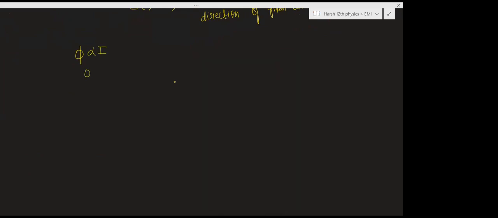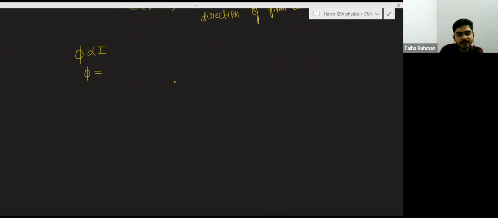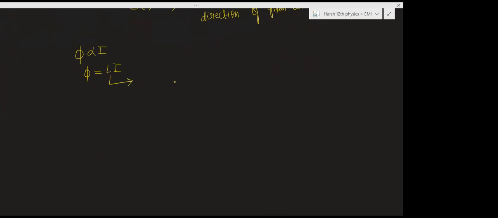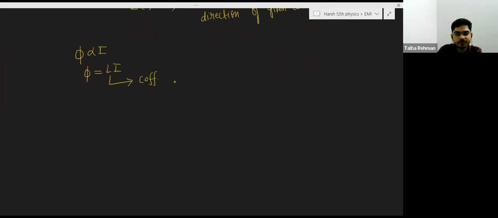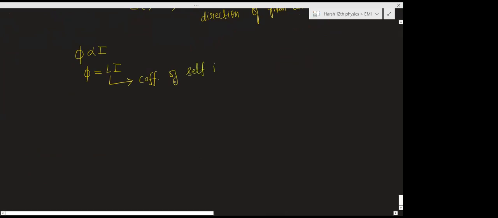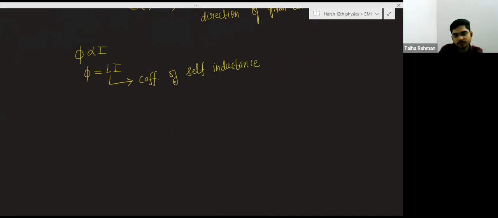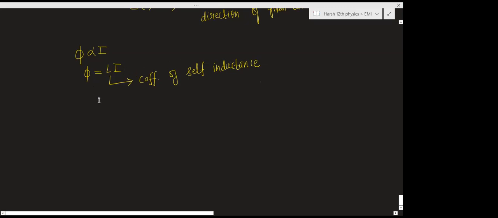When we remove the proportionality, we get a coefficient of self inductance L, so phi is equal to L i. L is known as the coefficient of self induction, or inductance of the inductor. And phi is the flux linked with the coil.